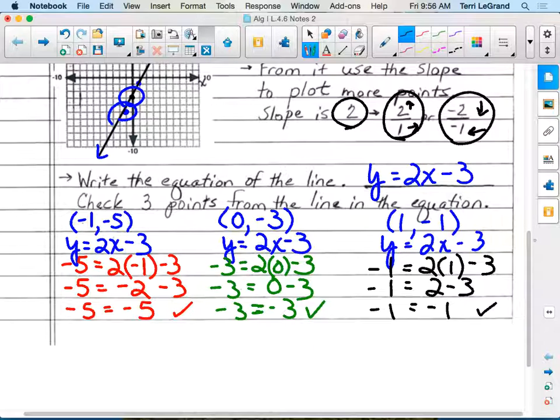Anybody have any questions? What's the minimum number of points you have to graph? 3, unless the coordinate plane won't hold it. If you would have to draw more grid lines to get that 3rd point on a coordinate plane that's already provided, you can skip the 3rd point because it really only takes 2 points to graph a line.